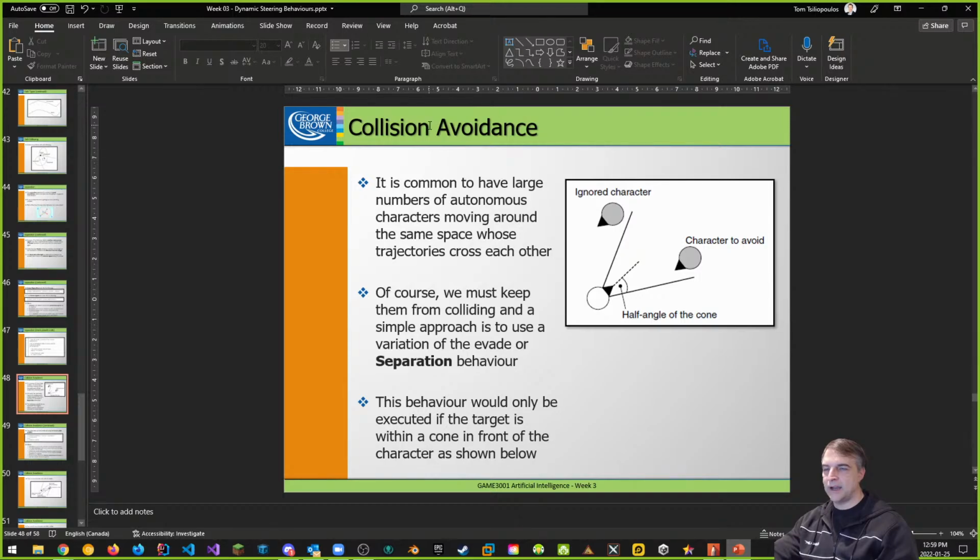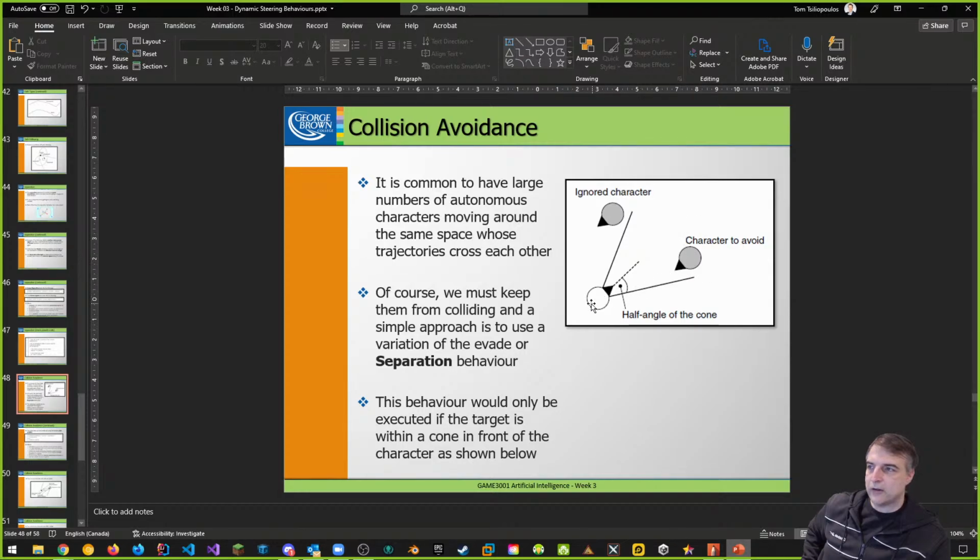Collision avoidance. So we're talking about collision avoidance, and we briefly discussed it earlier. So we said, what's the difference between collision avoidance and obstacle avoidance? With collision avoidance, we start thinking about having something in my cone of detection, and anything that's inside of this cone is a character to avoid.